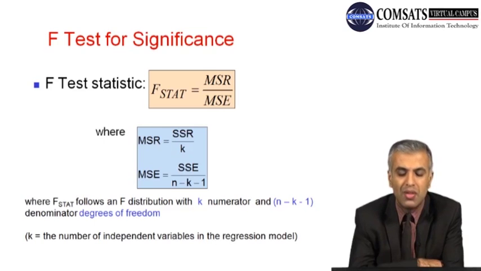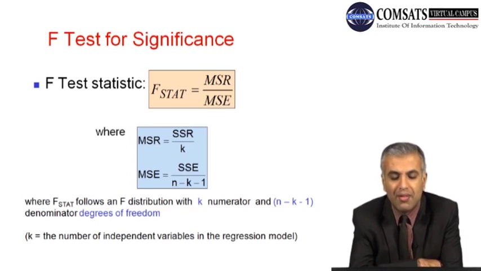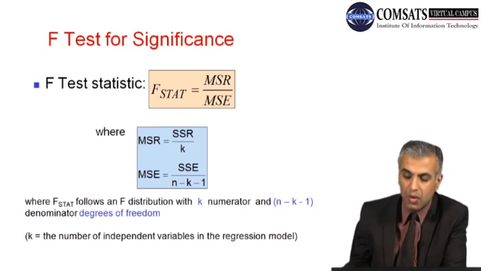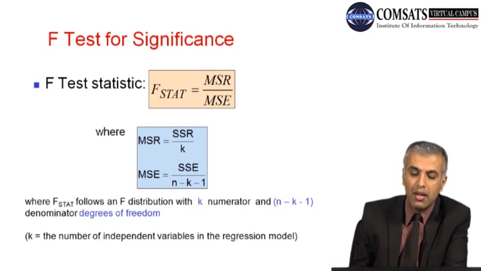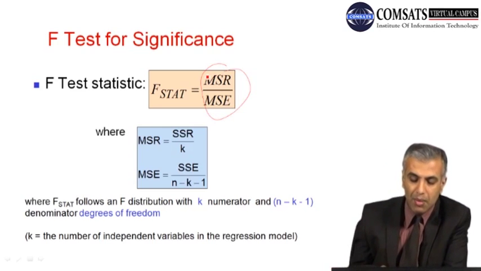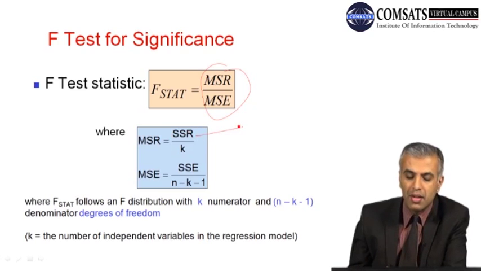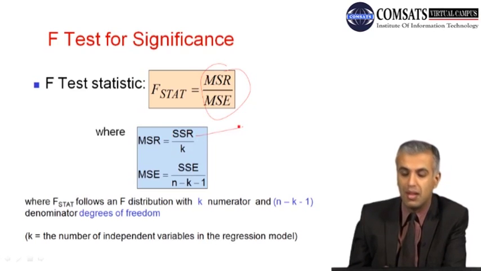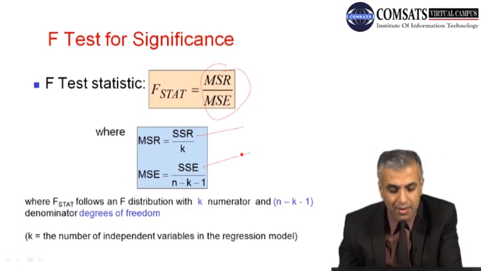So in this case we calculate this F-test statistic, and we have got the formula here in this form, and you can see it's MSR divided by MSE, whereas MSR is based on the sum of squares for regression, and MSE is based on the sum of squares for errors here.